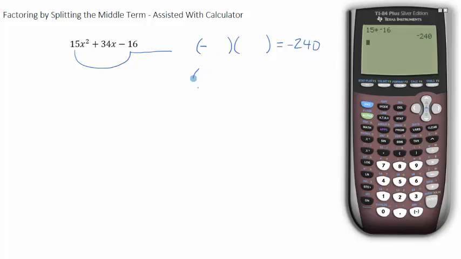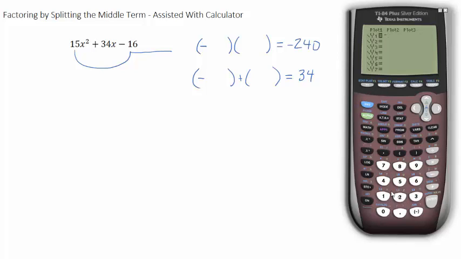So you know you can set the sign there. We also want to make sure that those same two numbers will add up together to be our middle coefficient of 34.